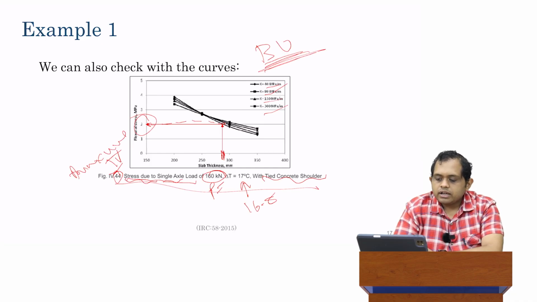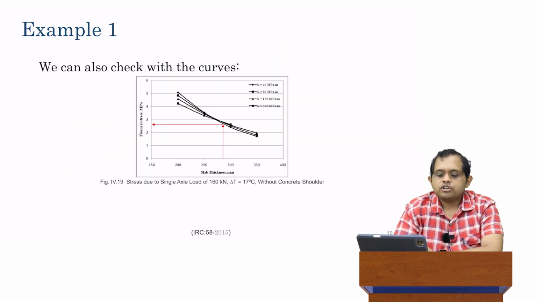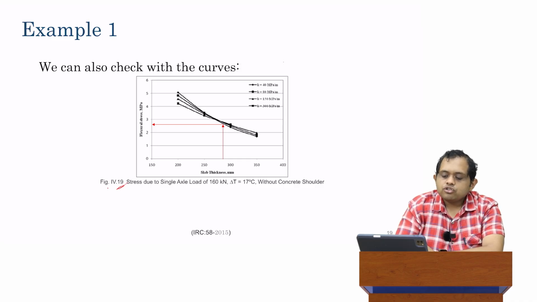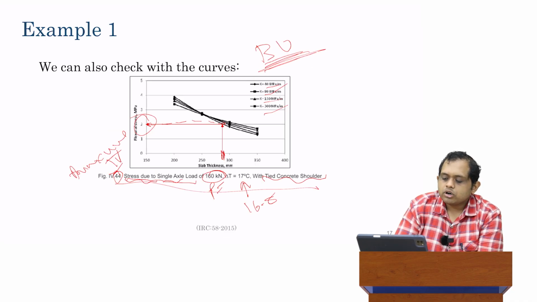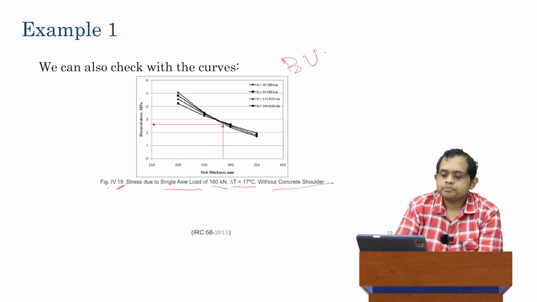Like we did last time, we can also look at the corresponding chart. This is chart number 19 in Annexure 4. Again, this is all for bottom-up cracking: stresses due to single axle load of 160 kilonewtons, delta T of 17, which is close enough for us, but without concrete shoulder. Previously, chart number 44 was with tied concrete shoulder, and this is without a concrete shoulder.